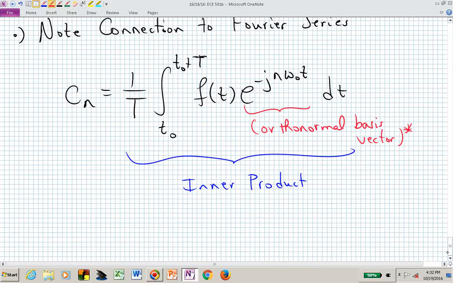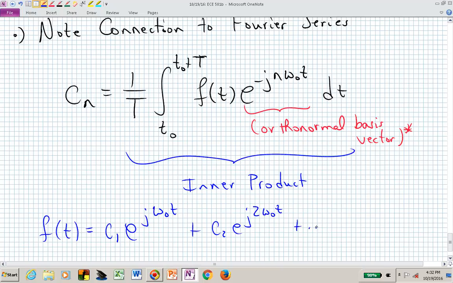where now we can write the Fourier series of f of t as c1 e to the j omega naught t plus c2 e to the j 2 omega naught t, etc. And we're able to do that because these complex exponentials, these e to the j n omega naught t, are in fact orthonormal bases.